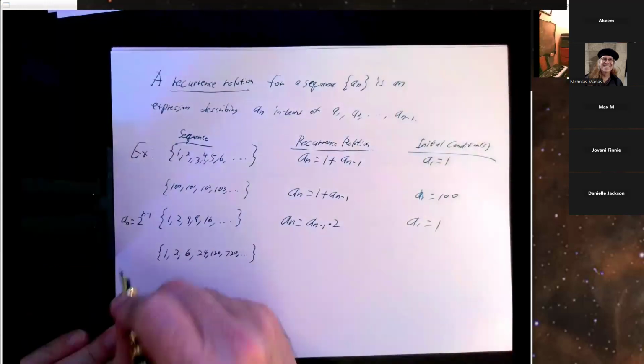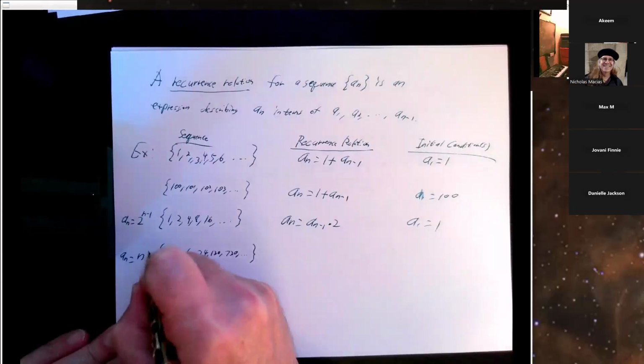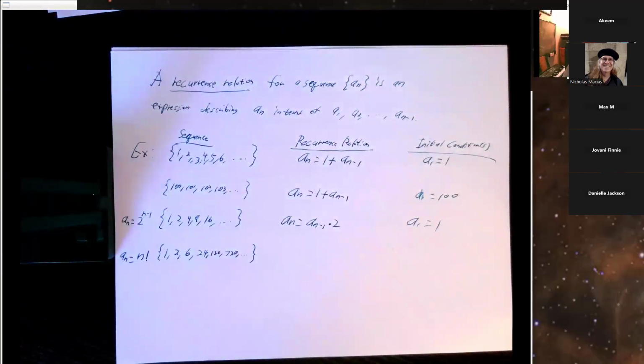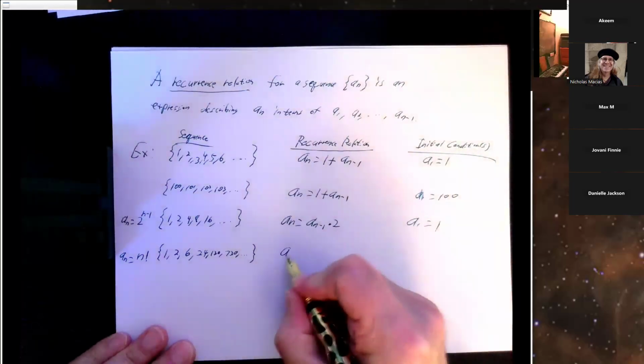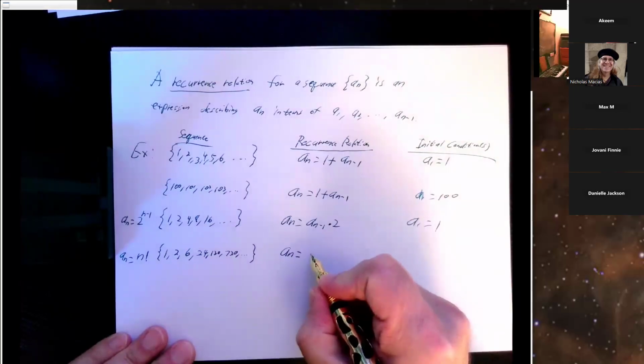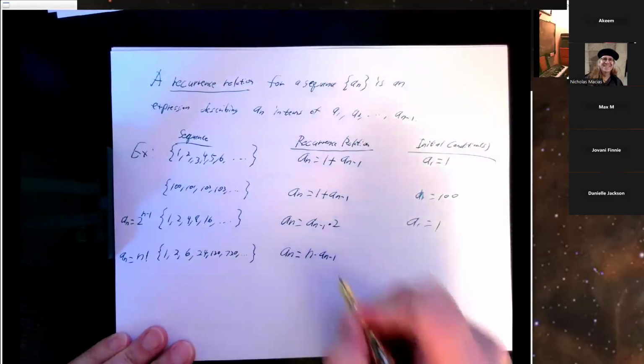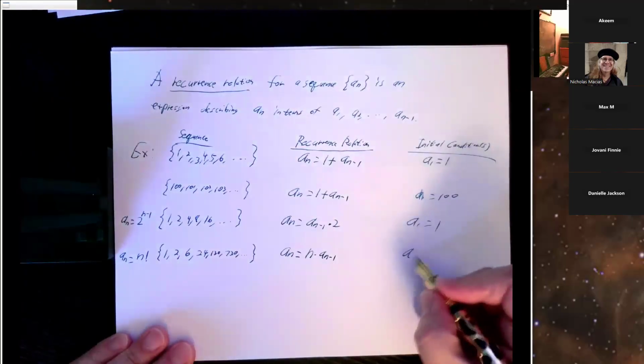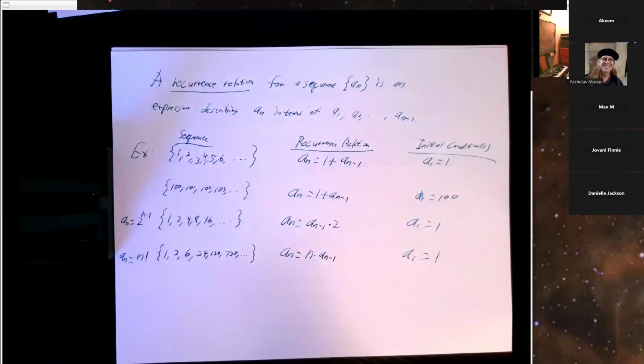So here we're describing A_N as just N factorial, the product of the first N integers. But we could write a recurrence relation: A sub N is just N times A_(N-1), and our initial condition, A1 is equal to 1. All right, sort of makes sense.